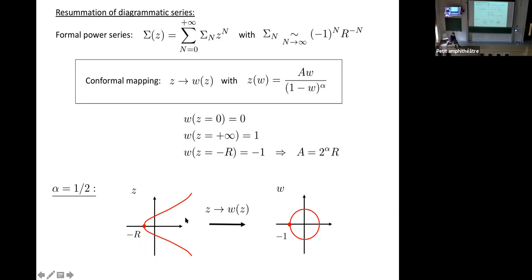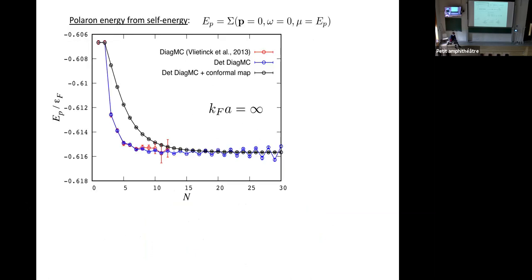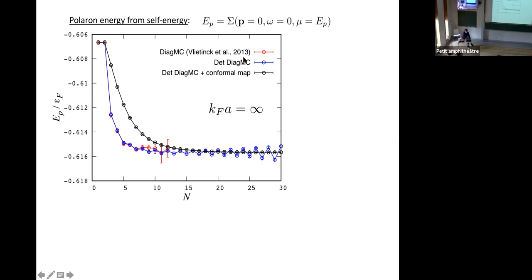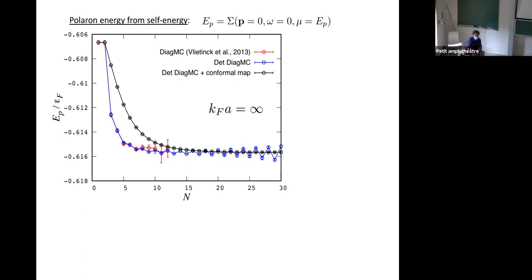But what is essential is that the physical point z equal 1 is always mapped onto a w1, which is smaller than 1, and therefore always inside the convergence radius. So in the end, the series in the new variable w will always be convergent.